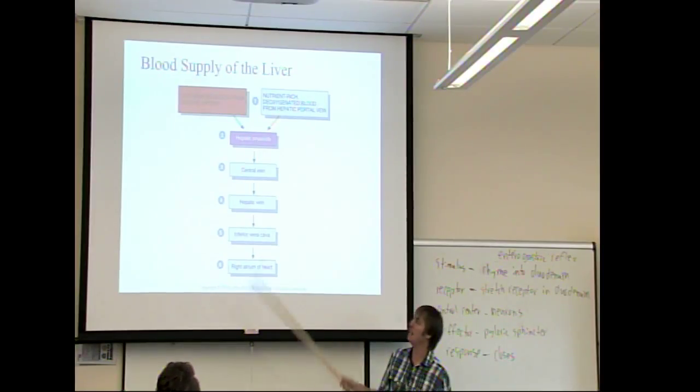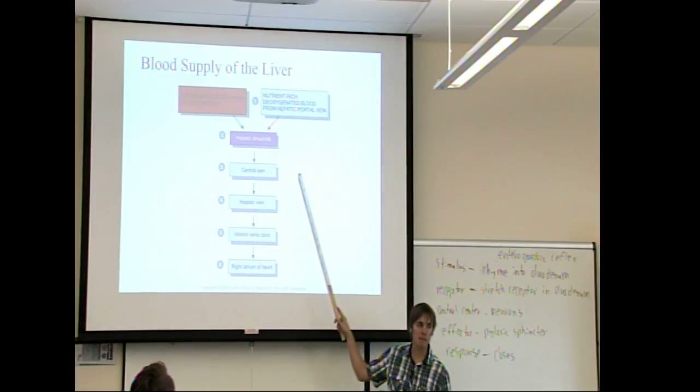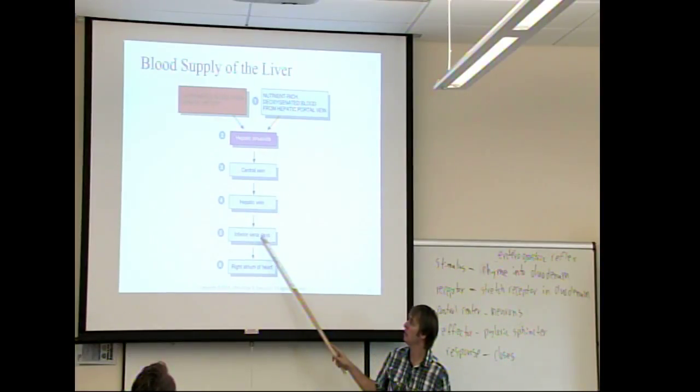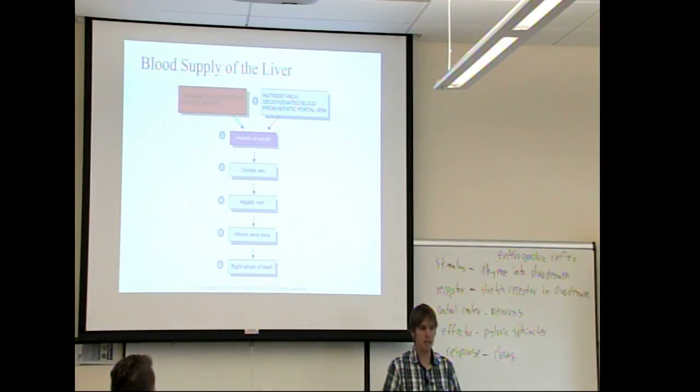So the path it takes: it gets absorbed, goes to the portal vein, goes to the liver, goes to the hepatic vein, the vena cava, and the heart. Which means all those nutrients go to the liver first to get processed and looked at. And toxins too, or alcohol, goes to the liver. What else?